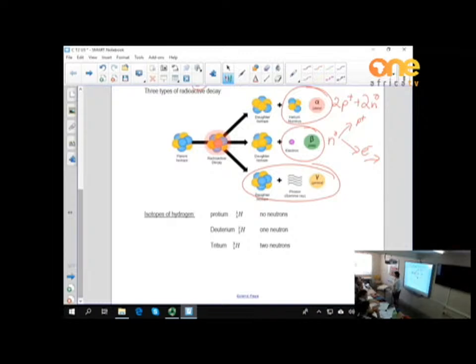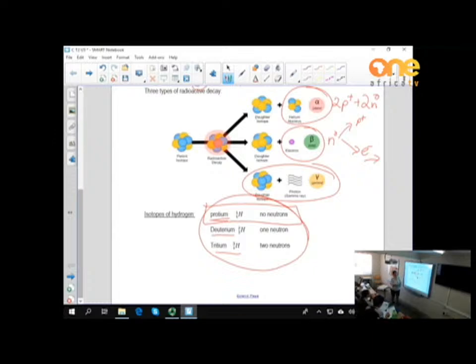Now the mass on the periodic table is the average mass of all the isotopes of an element. In nature, these isotopes occur in a fixed ratio. It's just a natural phenomenon. The first one, with no neutrons, is 99.999% of them.